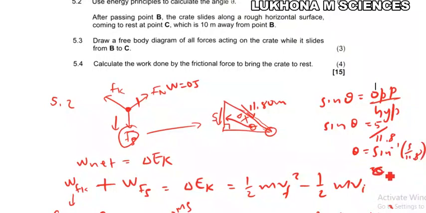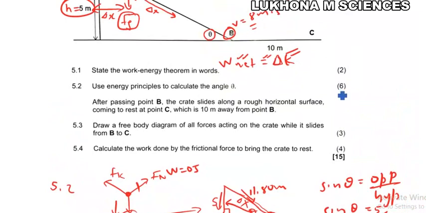Therefore theta is 25.07 degrees. That is the angle theta that we're looking for. Then you get 6 marks for that. Okay.